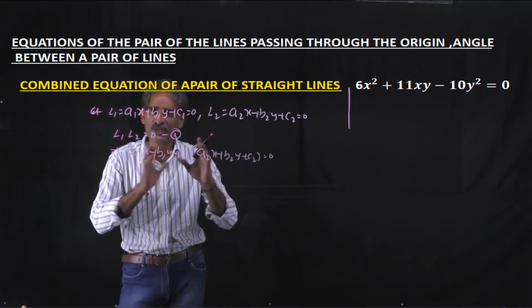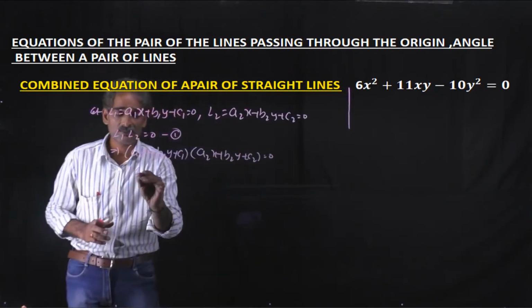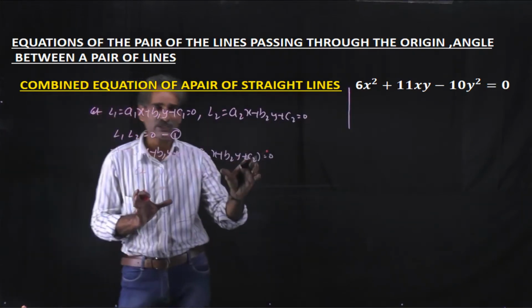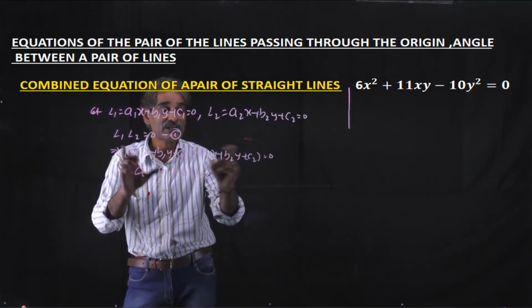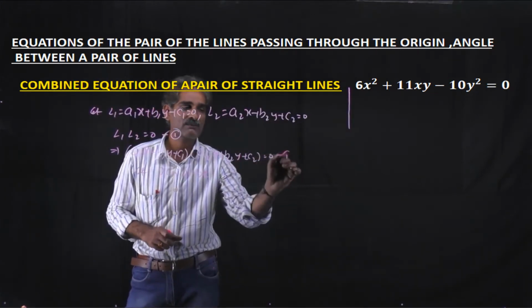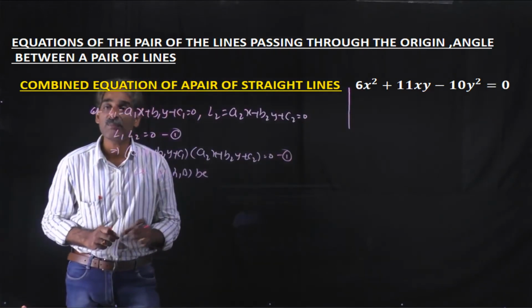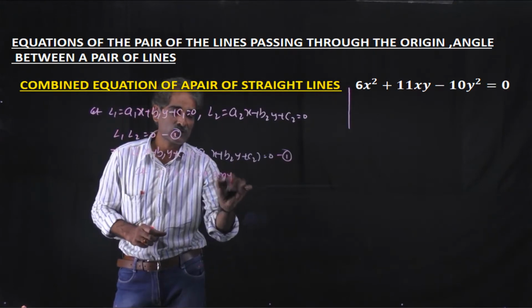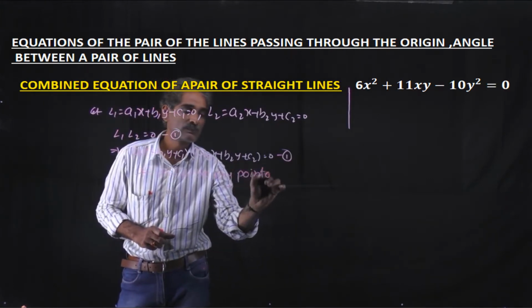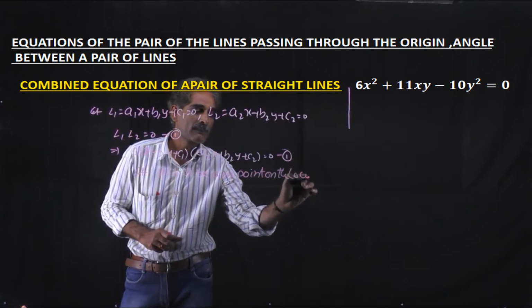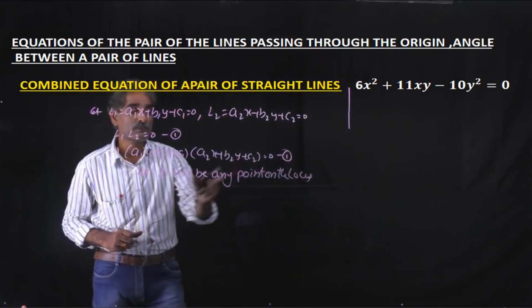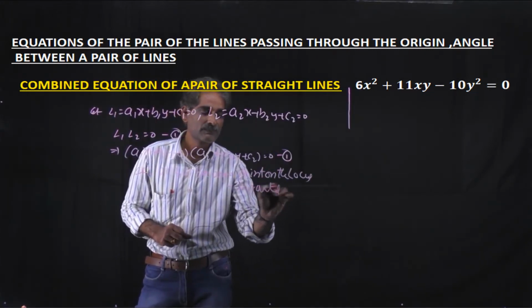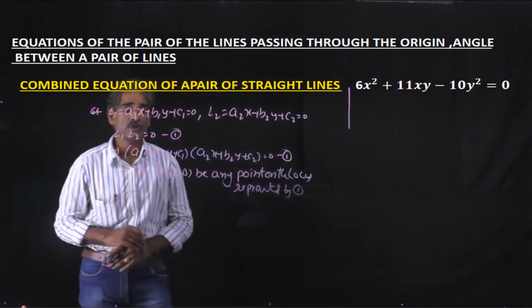It represents a locus. Let P(alpha, beta) be any point on the locus represented by equation 1.